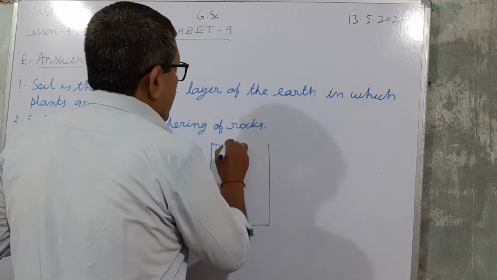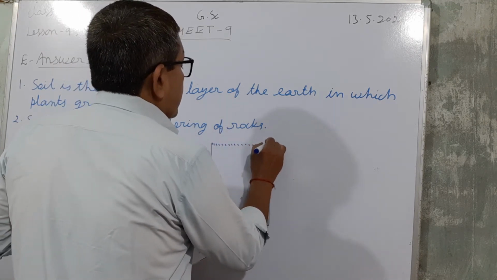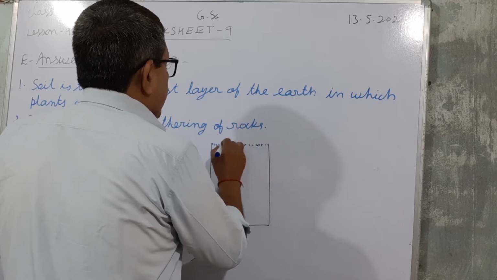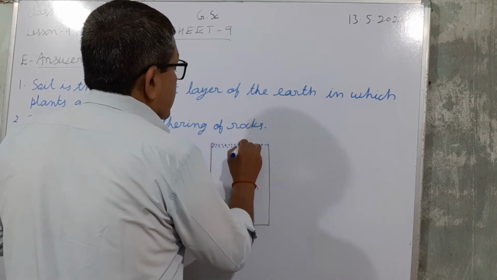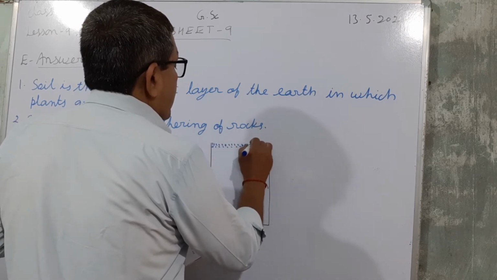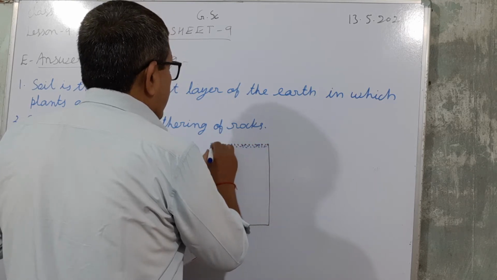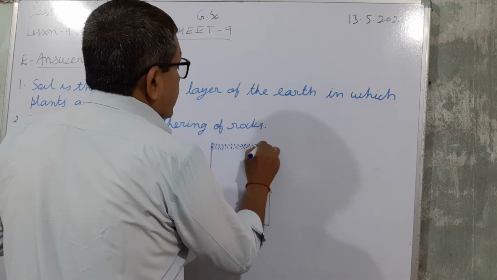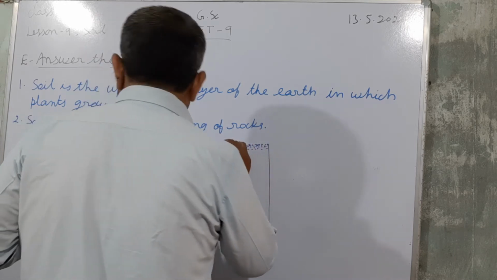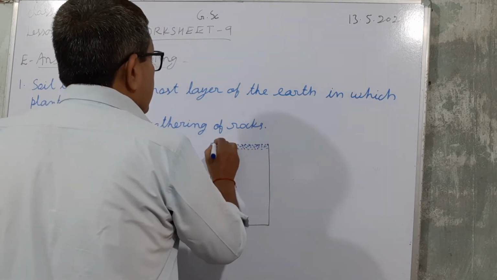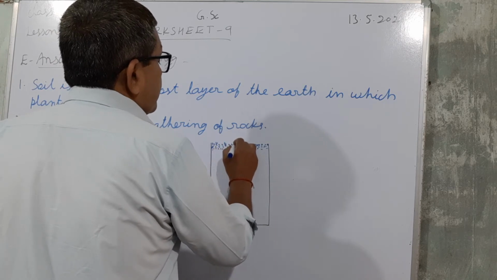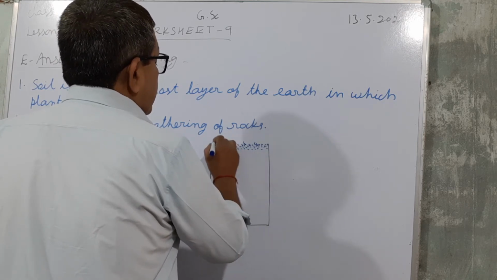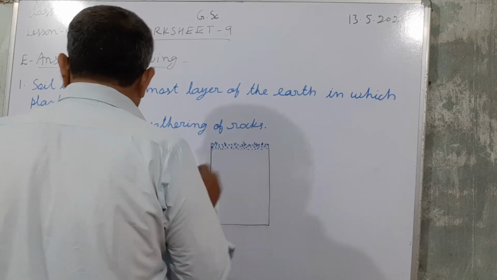In the uppermost layer of the soil we can observe many green plants. This is the uppermost layer of the soil, which is the most fertile layer of the soil also. It is fertile, contains humus, etc. In this layer only plants can grow.